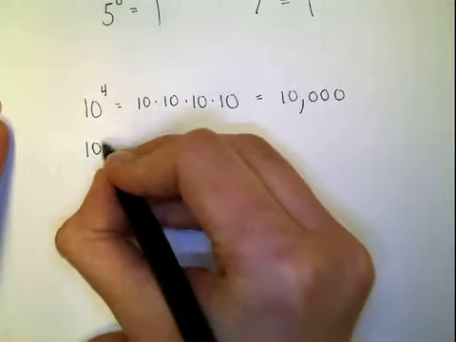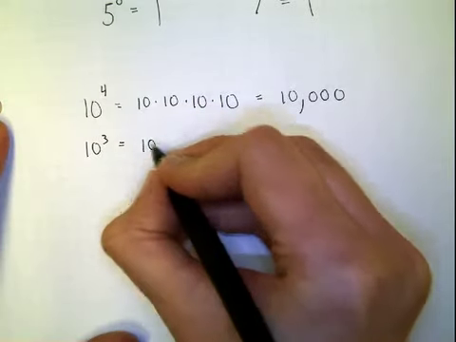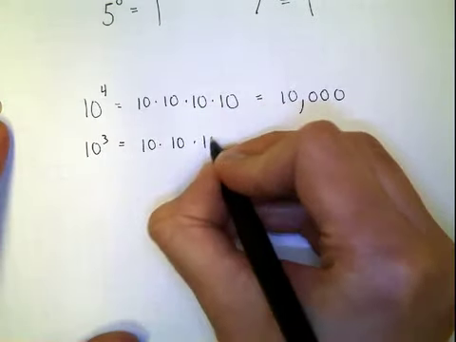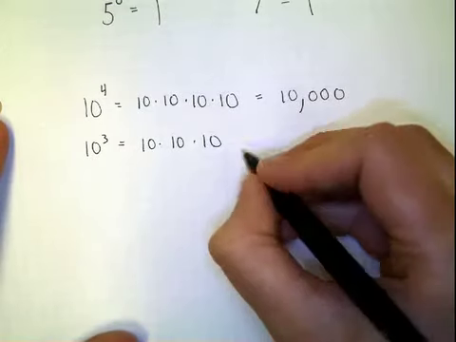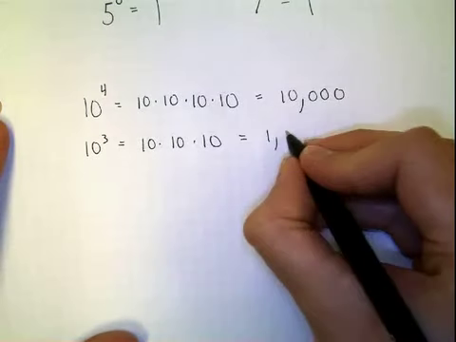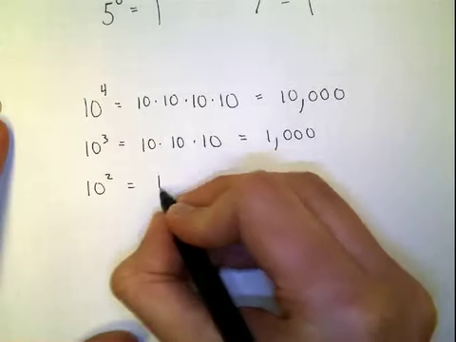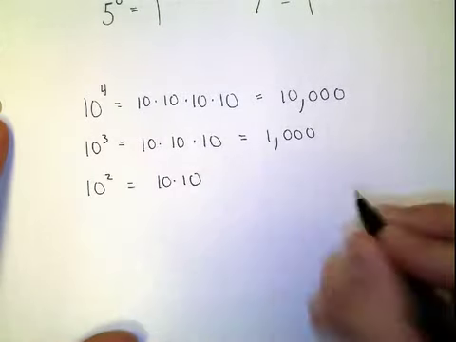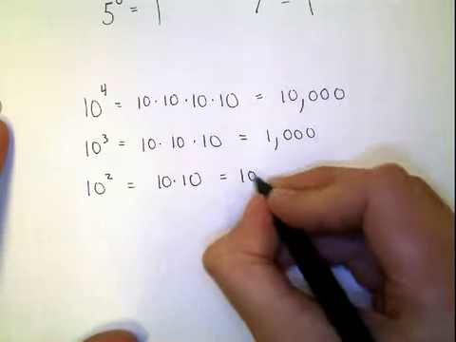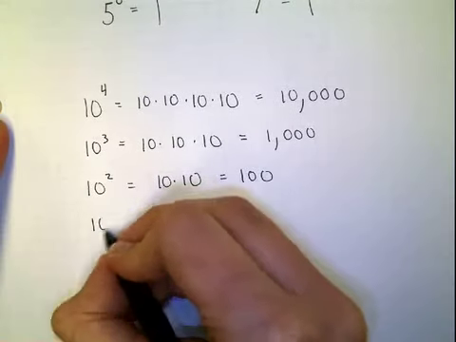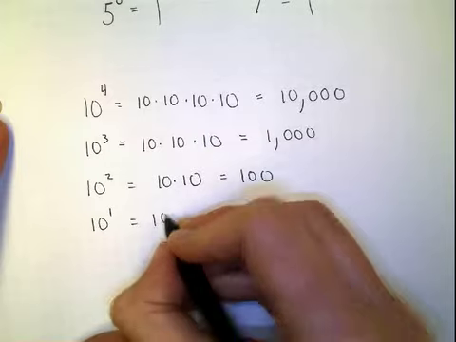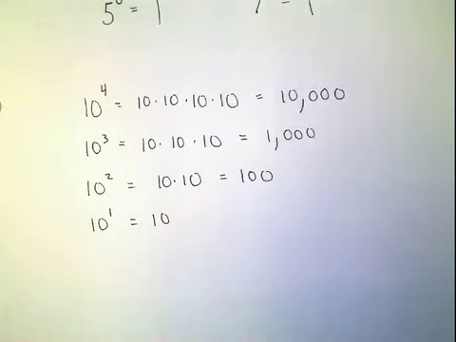If I said I had 10 to the third, you'd say that's 10 times 10 times 10, which is 1,000. If I had 10 to the second power, you'd say 10 times 10, there's 2 of them, which is 100. If I had 10 to the first power, you'd just say I have 10 times nothing. It's just 10.